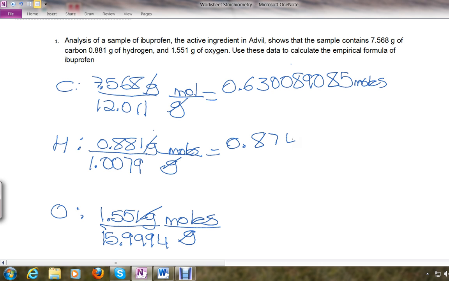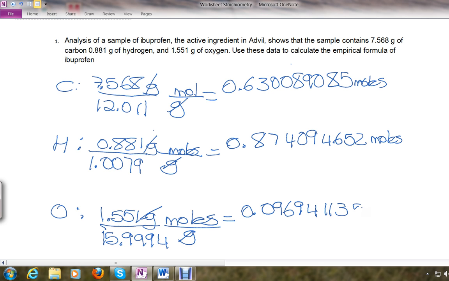This is a good example because this has a decimal. You'll see 0.944652 moles, and the oxygen would be the smallest one, which is 0.009694135 moles.